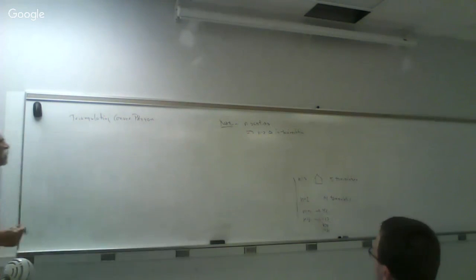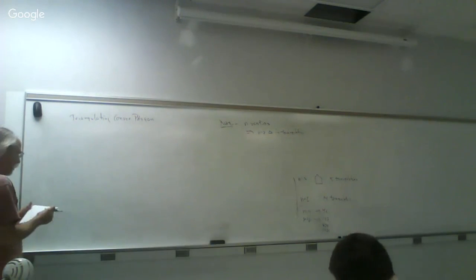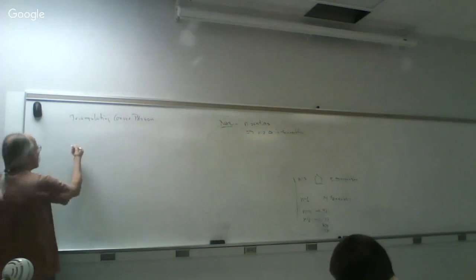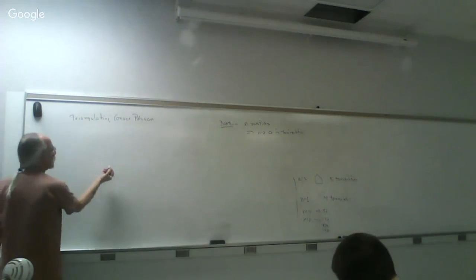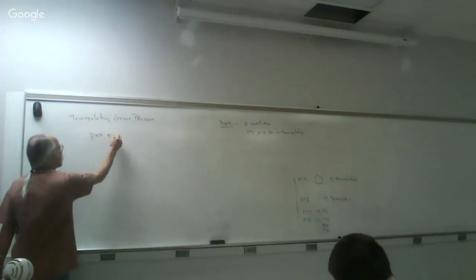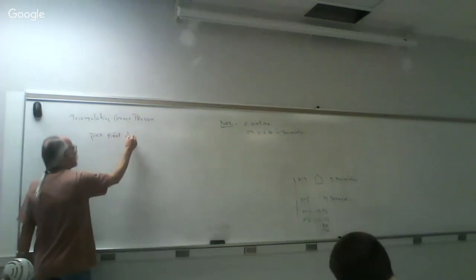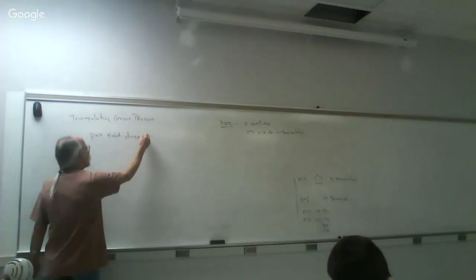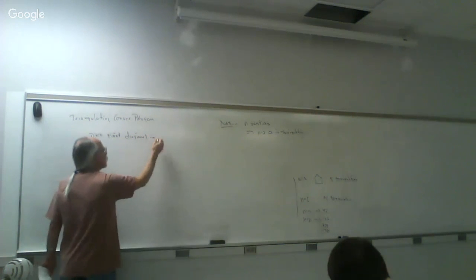Man, the buzz is coming already. When I triangulate a convex polygon, think about the way I attacked each of these. We picked the first diagonal that we're going to use in the triangulation.